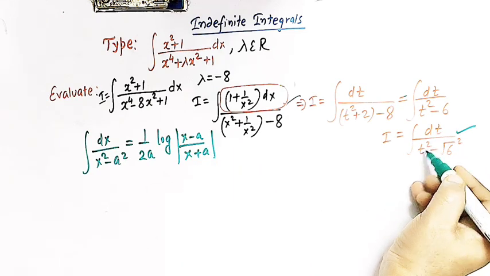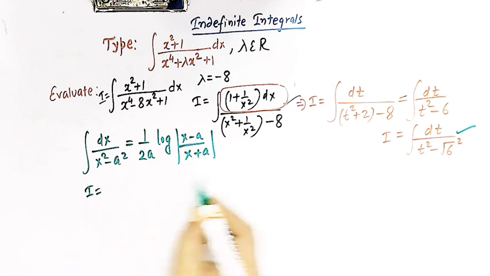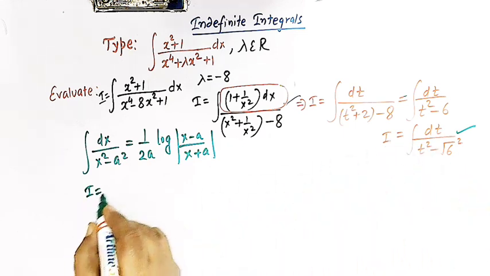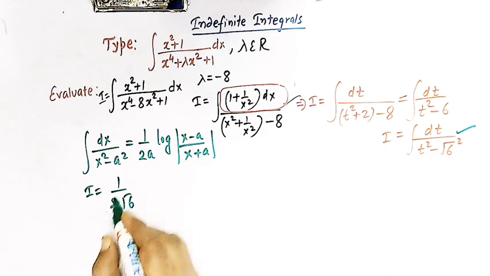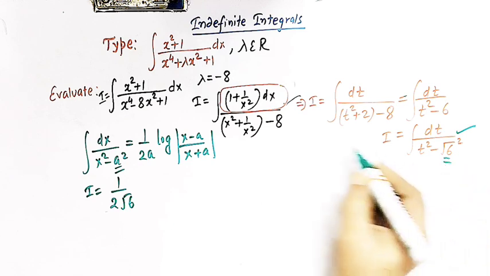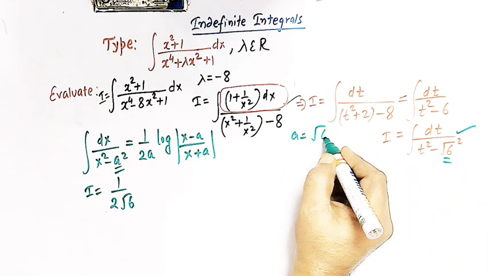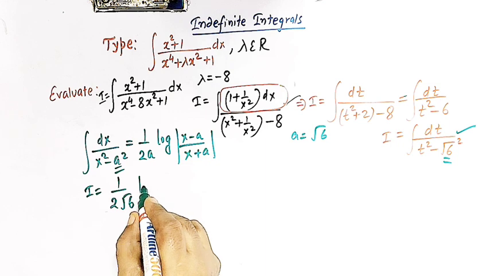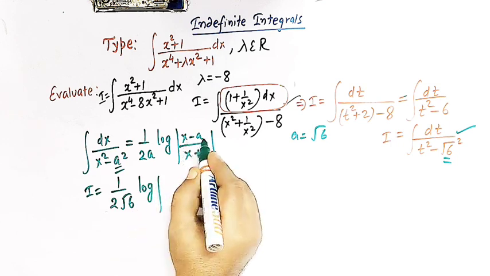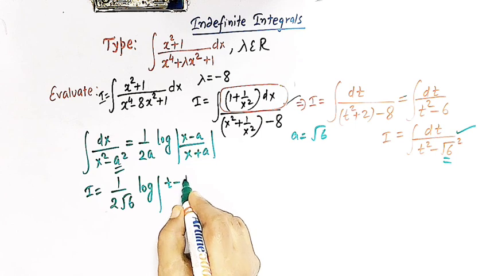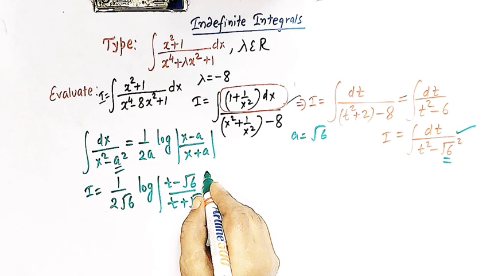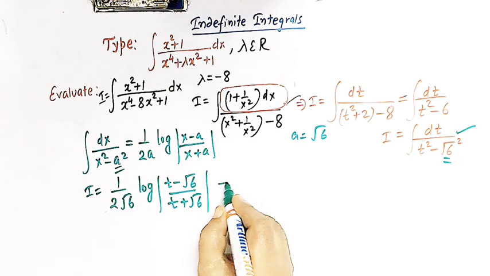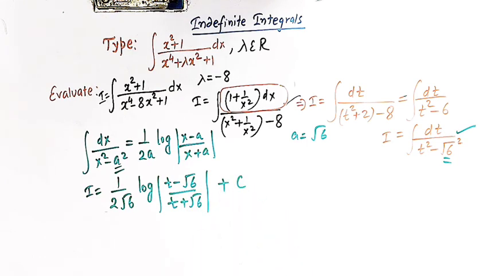And here the variable is t. So now we can write the value of integral I as 1 over 2 times square root of 6, because here the value of a is square root of 6, and here we have a log of (t minus square root of 6) over (t plus square root of 6), right? And c is the constant of integration.